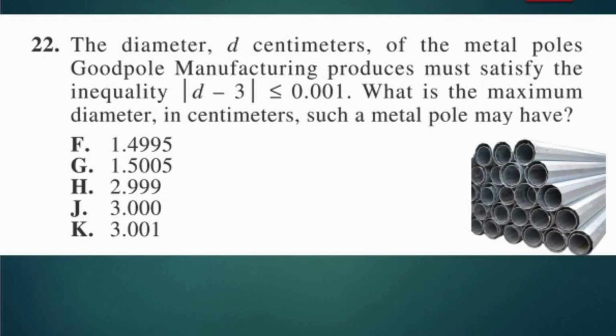In this question, we have an absolute value inequality. What we need to understand is that an absolute value represents the distance from 0. So the expression inside the absolute value, d minus 3, can be both negative or positive, and because of that, it'll give us two inequalities.